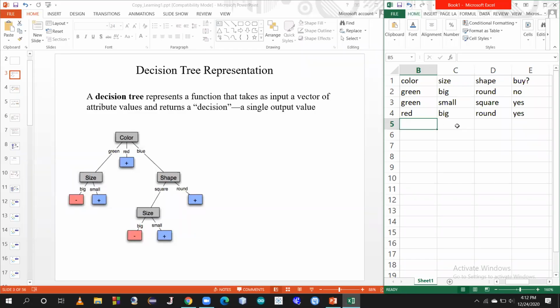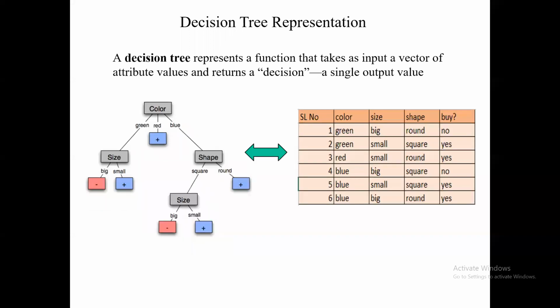Since it does not matter what size or shape it is, if the color is red, we can add another row, for example, like color is red, size is maybe small this time, shape is square, and still we would want to buy it, right? So as you can see, we can represent this decision tree in the form of a table, like on the right hand side.